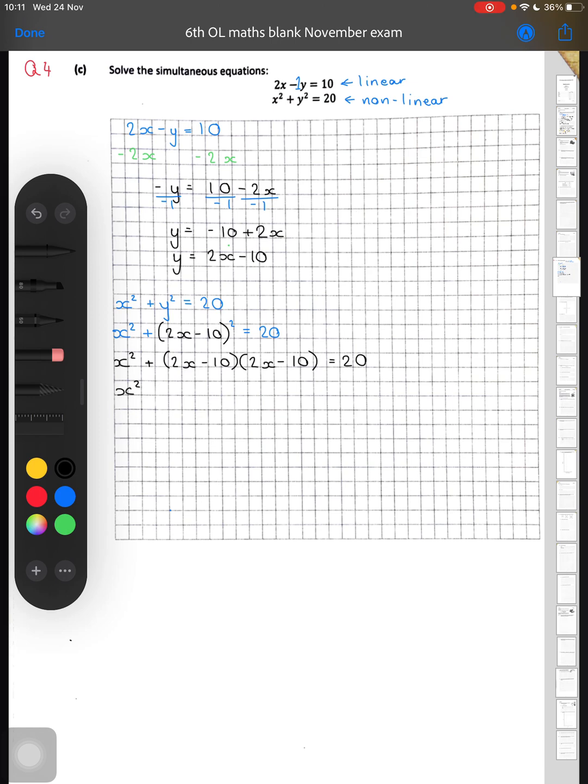When I go to multiply that out, I have to multiply everything in the first bracket by everything in the second bracket. So 2x by 2x is 4x squared. Then 2x by minus 10 gives me minus 20x.